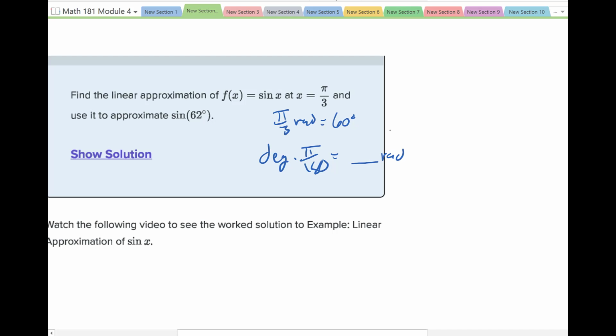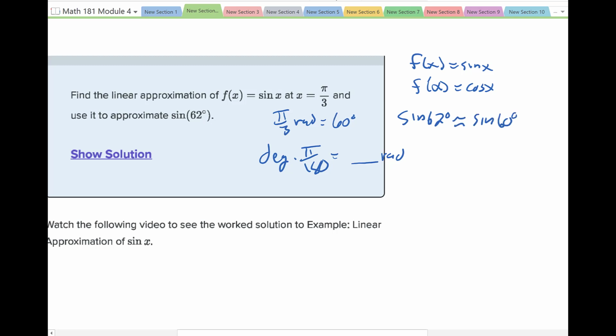So for this one, same type of thing. Our f of x is sine of x. So our f prime of x is cosine of x. So our sine of 62 degrees is going to be approximately sine of 60 degrees.